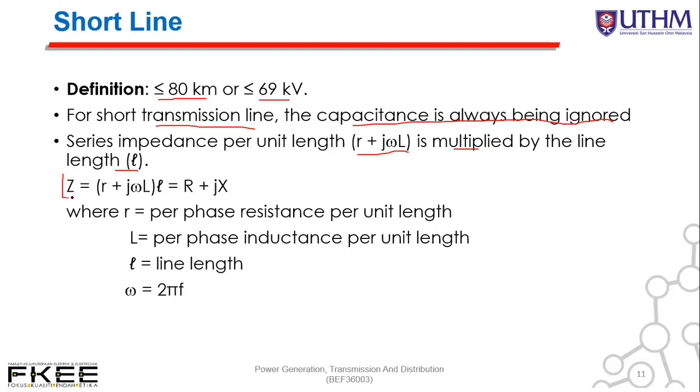So this is the equation for the series impedance: Z equals R plus j omega L times the distance l, equal to R plus jX, where R is the per phase resistance per unit length, L is inductance per unit length per phase, l is the line length, and omega is 2 pi f, so depending on the frequency, either 50 or 60 Hz.